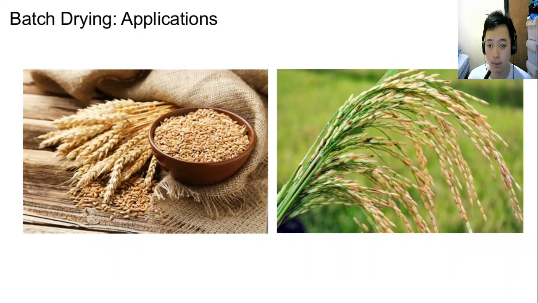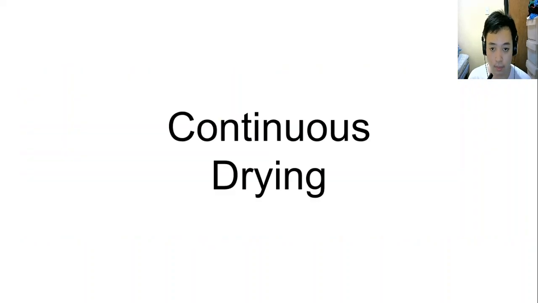Now there are several applications of these dryers, but this includes rice, wheat, grains, or whatever grain based. These are usually seen on farms, these dryers. Now let's go on to continuous drying.